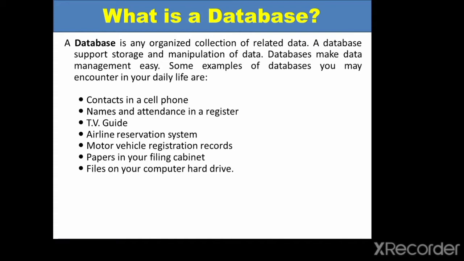Once they are related files and they are organized in some sort of meaningful way, it can be referred to as a database. A database can be manual, in terms of papers in a filing cabinet, or it can be computerized or electronic, as in the contacts in your cell phone or files on your computer system.